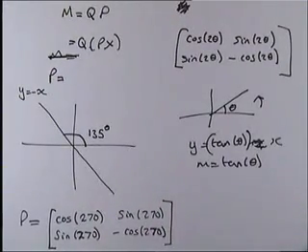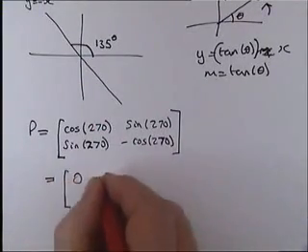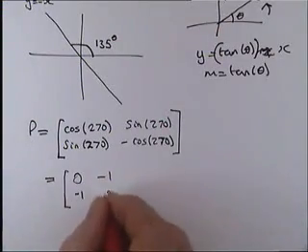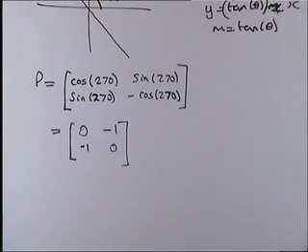And now if I put that into my calculator carefully, and you should be able to do the same, making sure it's on degrees because I'm using degrees, I get 0, minus 1, minus 1, 0. And I've got marks in my further pure exam. So that's the reflection.